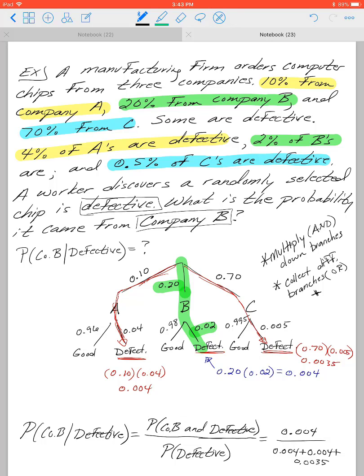Very nice. This ends up being, on the bottom here we have, let me bring this up, 1.15% on the bottom, and then on top we still have the same numerator. So when we divide this, what do we get?